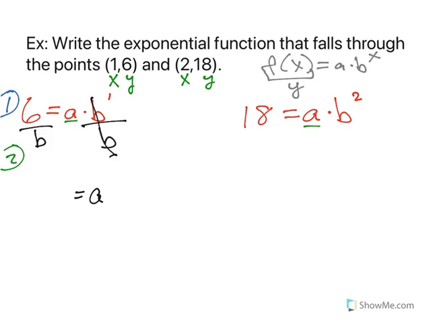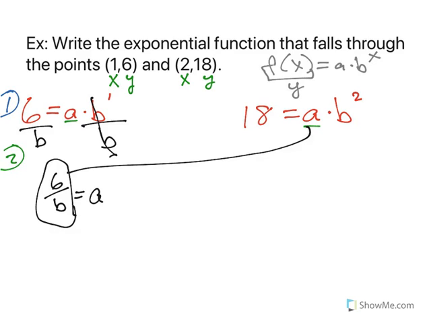So I end up with a equals 6 over b. If a is the same as 6 over b, then I can take this 6 over b and substitute it into the second equation. So that would give me 18 equals 6 over b times b squared, right? The substitution piece, I can substitute in an equal statement here.